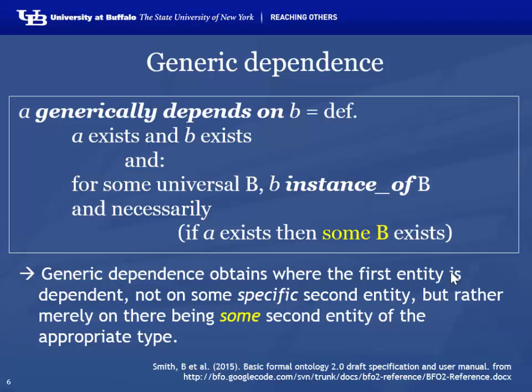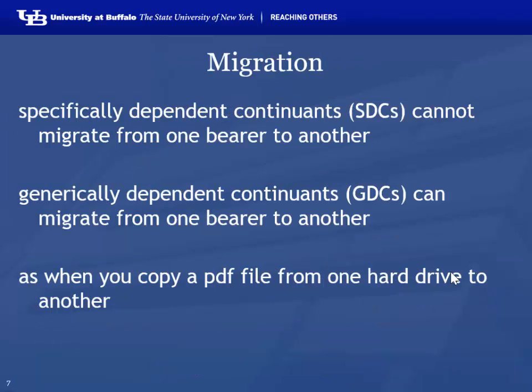Now, side by side with specific dependence is generic dependence. Your headache is specifically dependent upon your head, but the PDF file on your laptop is only generically dependent upon the memory store in your laptop, because the PDF file can migrate from one laptop to another.